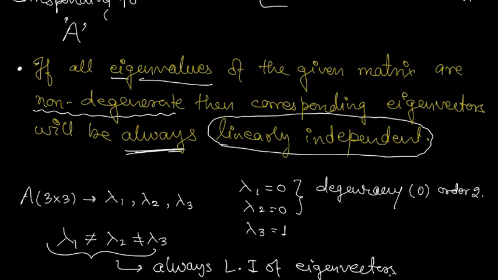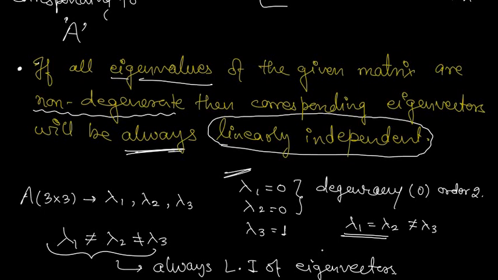But the most important thing I wish to emphasize is that if there is a degeneracy of the eigenvalues, let's say lambda 1 is equal to lambda 2 is not equal to lambda 3, a degeneracy of order 2 of the eigenvalue 0, then the eigenvectors can be linearly independent, or they can be linearly dependent. They can be.